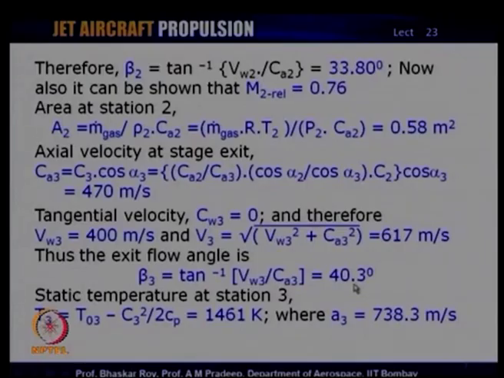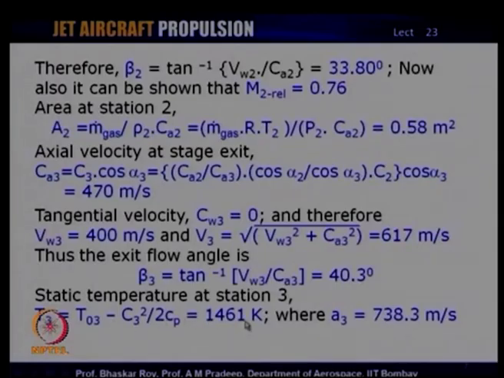Now, the exit flow angle beta 3 can be computed, and this comes out to be 40.3. This is invoking the fact that alpha 3 is indeed 0, and the static temperature at station 3 now can be computed, again invoking the isentropic laws as we have done in station 1 and 2. And if we do that, we find the temperature to be 1461 K. The total temperature of course, was prescribed.